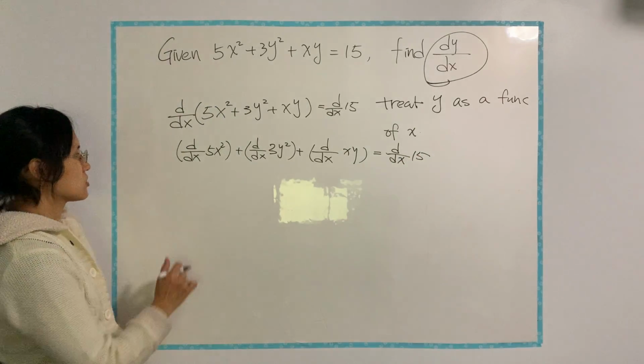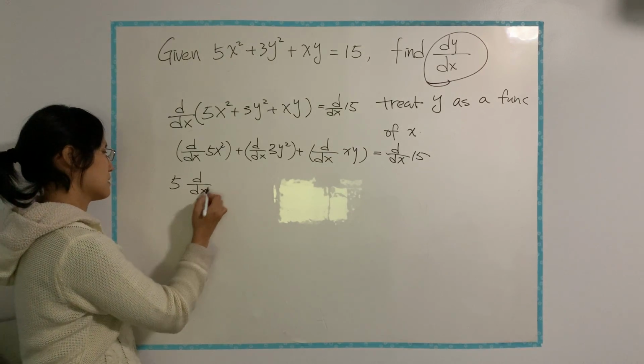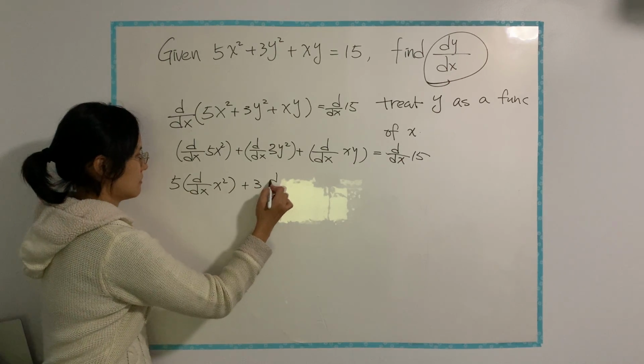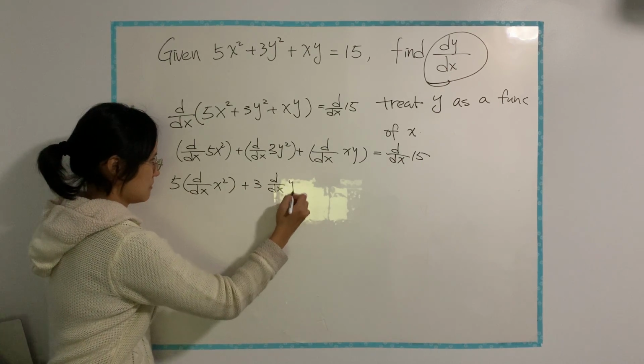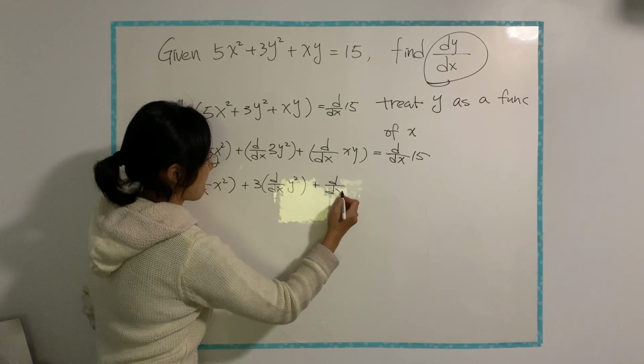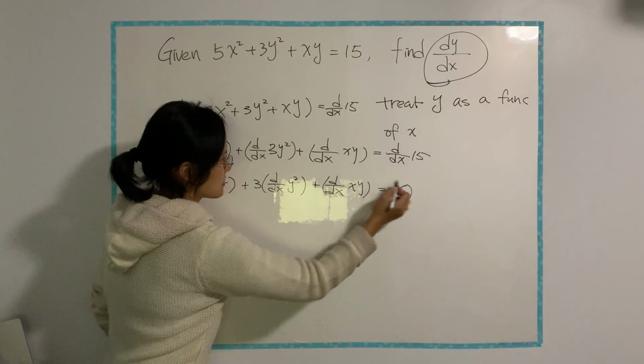Okay, so I can take out the constant. And I know the derivative of a constant is equal to 0.